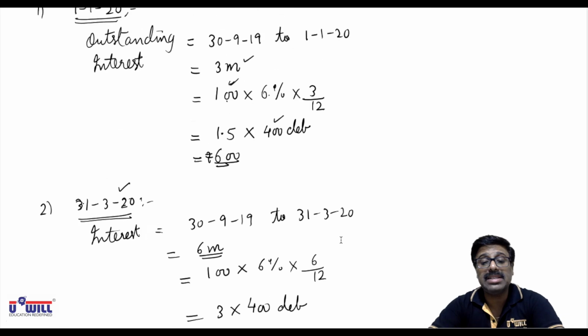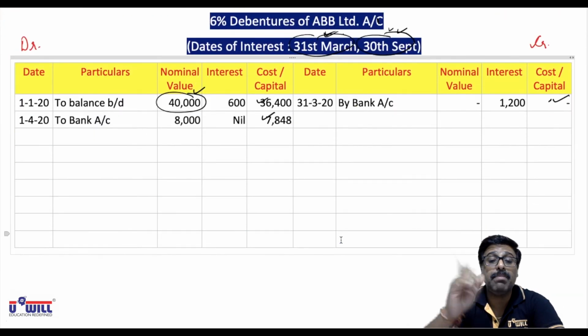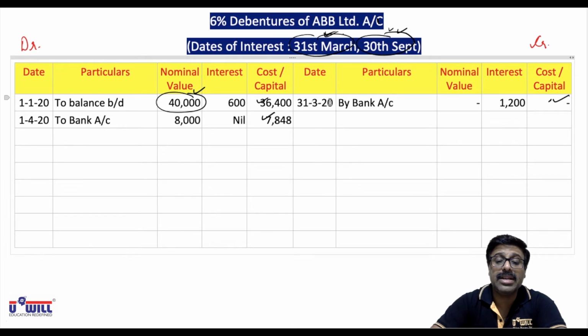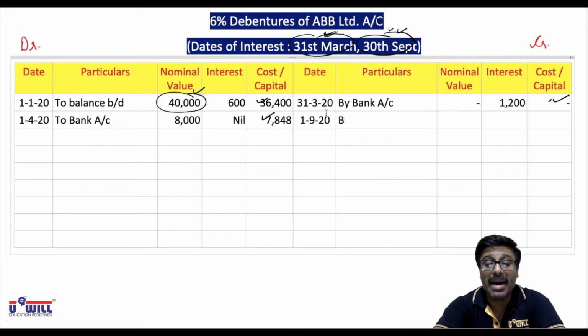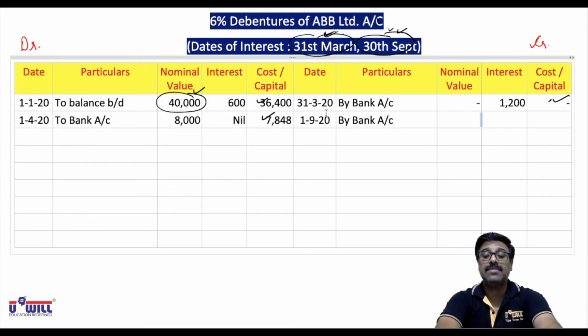Now let us record this. Sale means we'll record on the credit side. Purchase and profit go on the debit side, everything else on the credit side. So on the credit side, 1st September 2020, by bank account. Nominal value, face value, 12,000 is the face value of debentures sold.